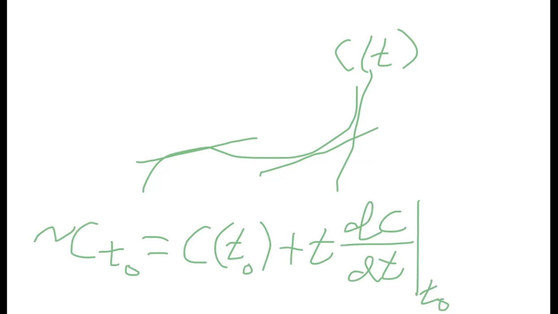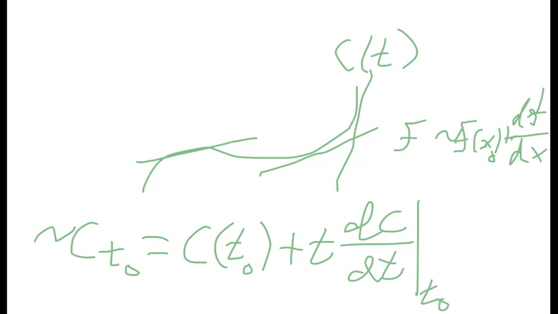And we've seen this expression for our linearization before. This is the equivalent of saying f is approximately f at some x naught plus, let's use the full derivative, df/dx. That's our other linearization that we're used to.